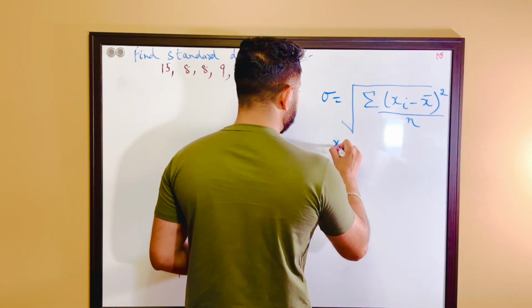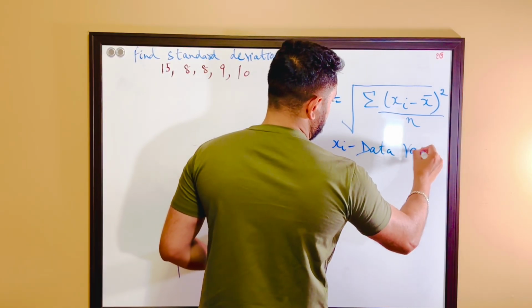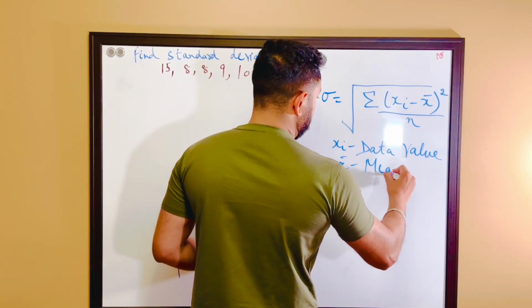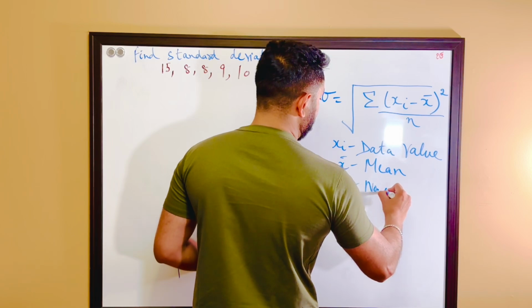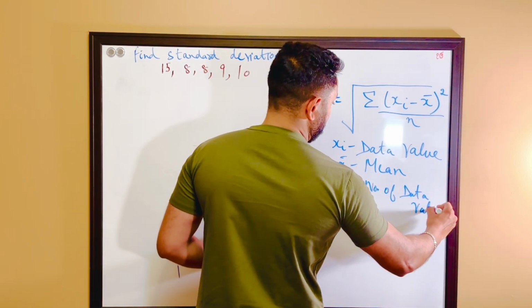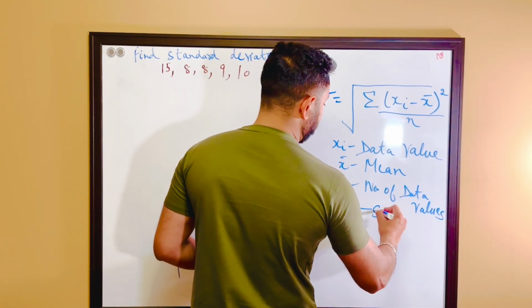So xi is data value and x bar is mean and n is number of data values, and this is the symbol of summation.